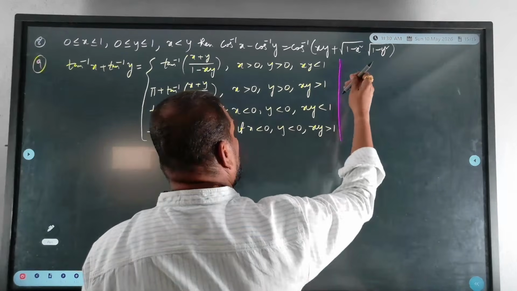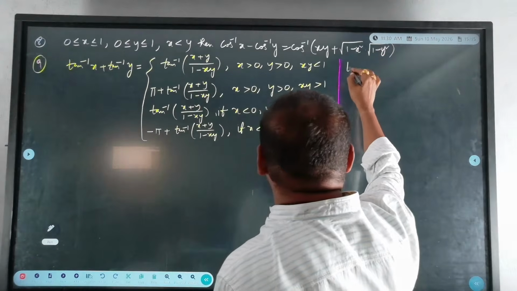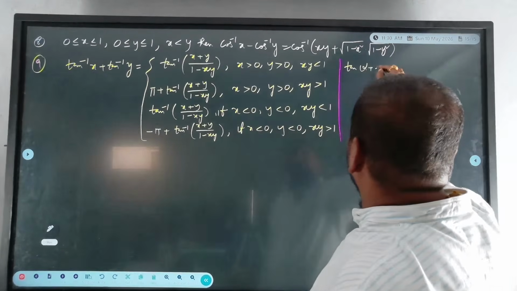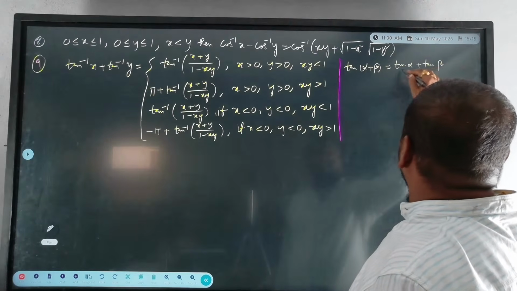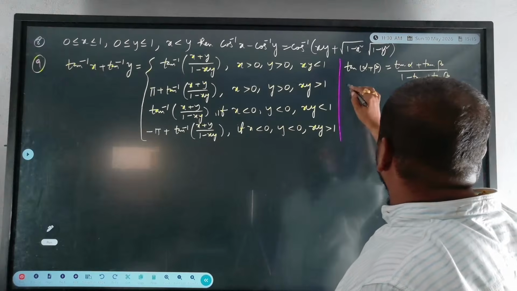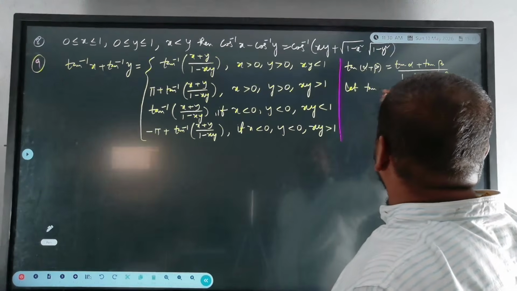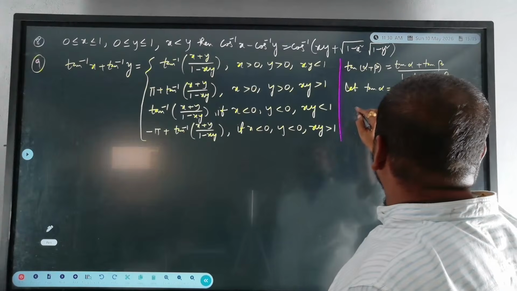So in general, you know the formula tan alpha plus beta is equal to tan alpha plus tan beta by 1 minus tan alpha tan beta. Like tan alpha is equal to x, tan beta is equal to y.